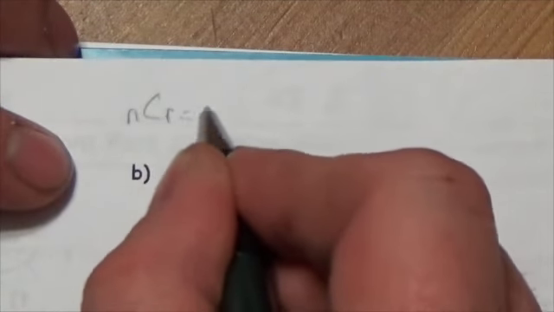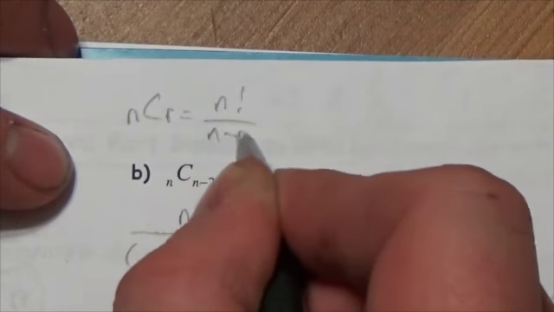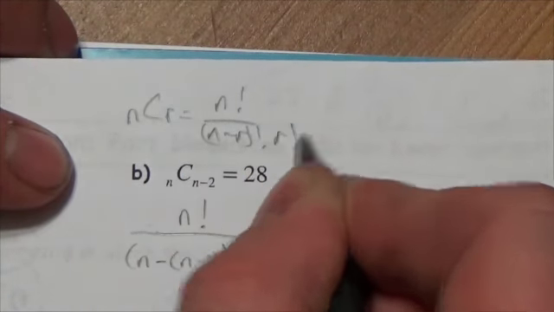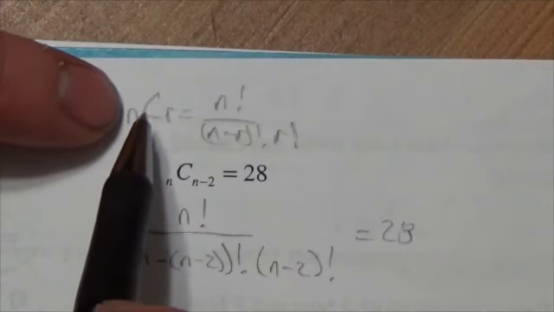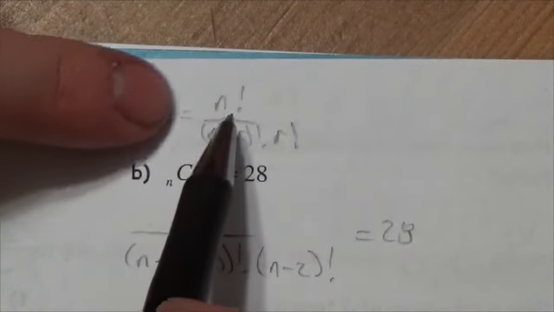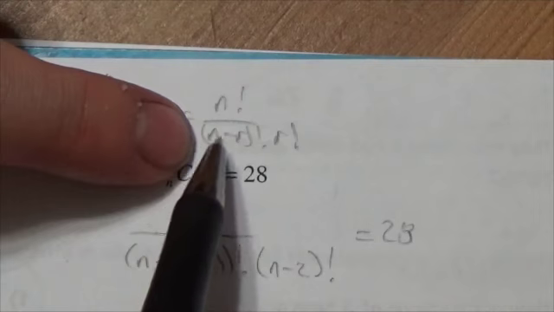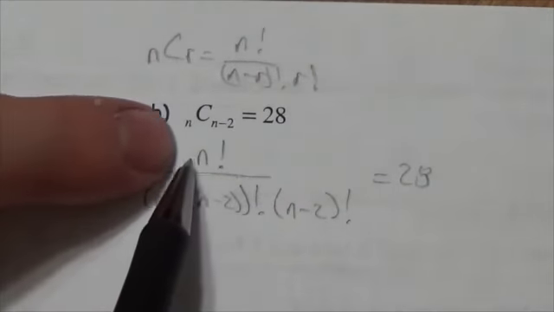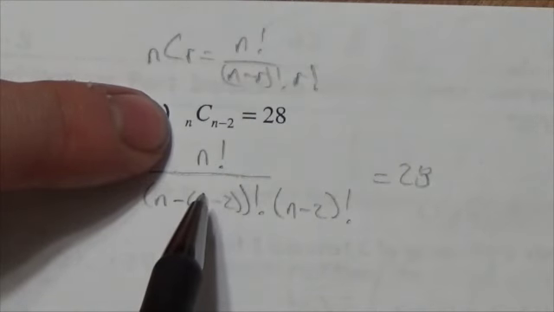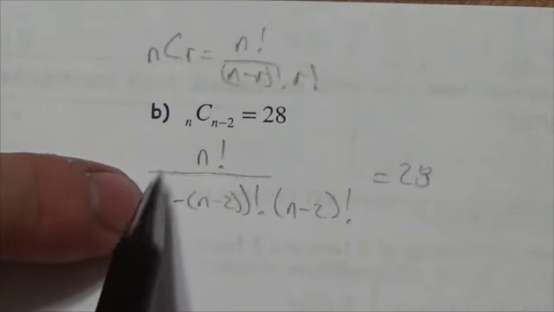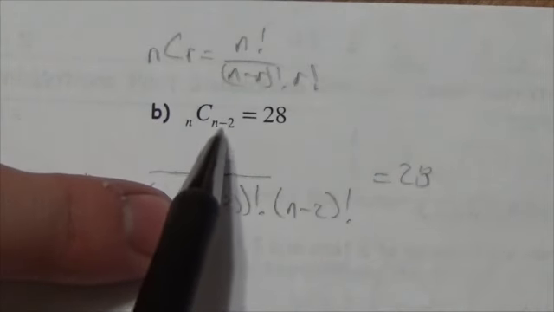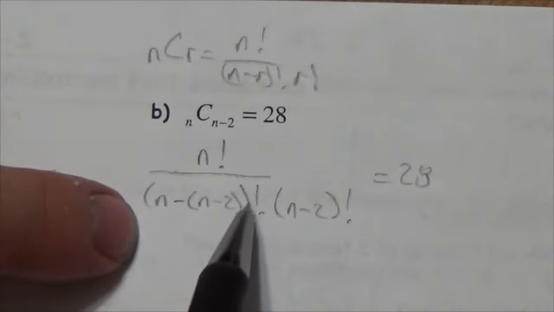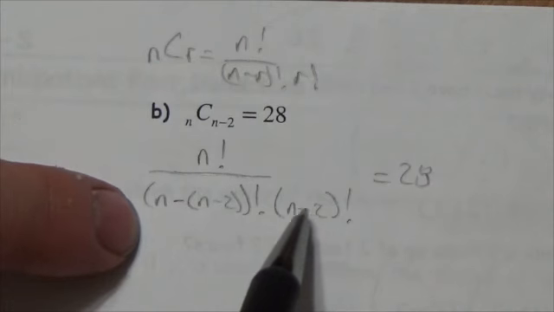But let's go through and talk about this again. The notation here is nCr is equal to n factorial over (n minus r) factorial times r factorial. Think of this as left side choose right side is left side factorial over left side minus right side factorial, right side factorial.